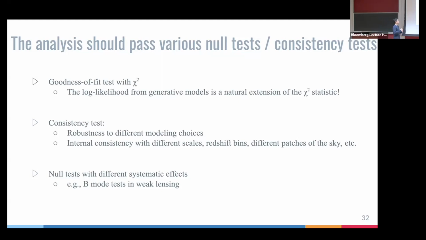You also test to look for potential signs of systematic effects. But it's not really common to do that for deep learning works. And here I'm just trying to argue that we can do the same kind of tests with the generative models, and it will actually give us more stringent tests compared to two-point.